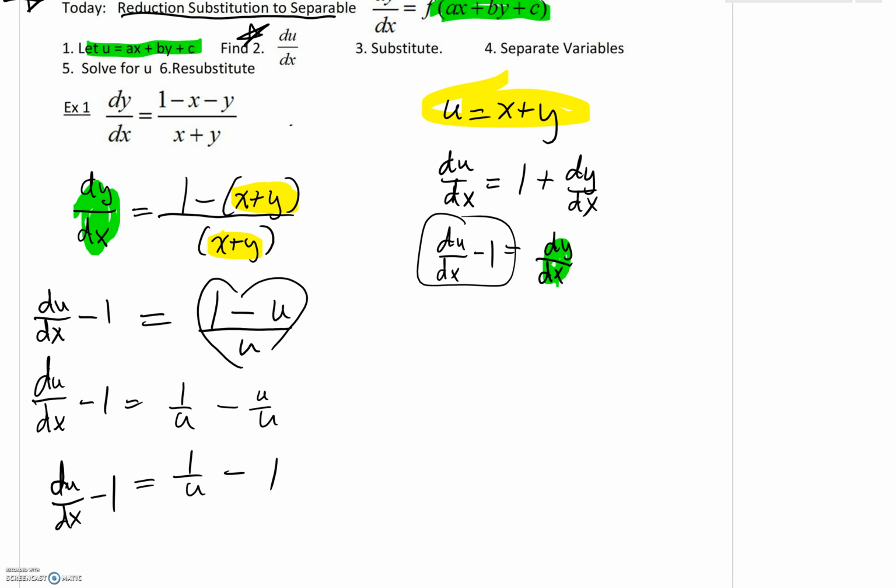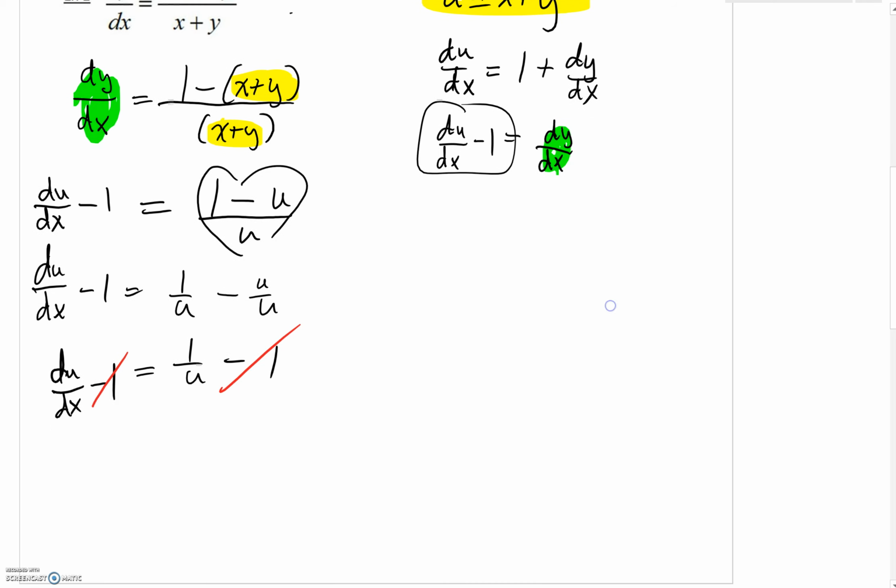We've got that minus 1, and we can add a 1 to both sides. And now you can see, my goodness, this really is separable. So I'm going to simultaneously multiply both sides by u, and also multiply by dx. And hey, would you look at that? Right now you've got your separable differential equation.